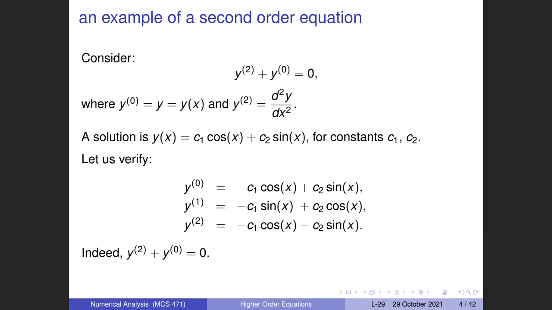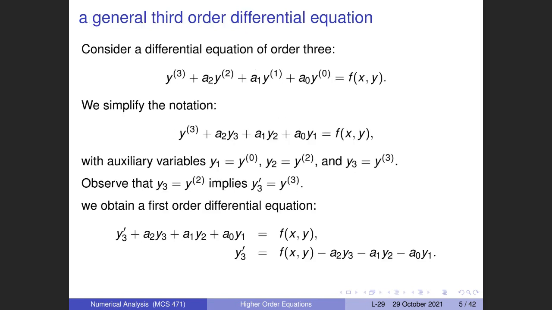It will be a linear combination of cosine and sine functions. Indeed, we can verify that if we take derivatives, the second derivative plus the linear combination equals 0. A fine textbook example. Here we already see the periodic nature of the solutions coming in, and that will help us.